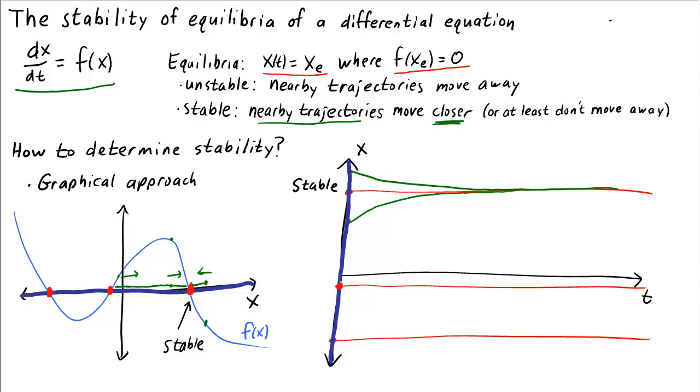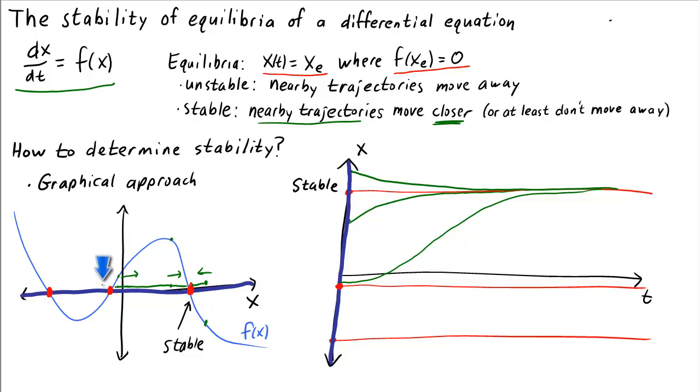If I plot that result on the figure at the right, if I start here close to the equilibrium, I'm going to move away. And in fact, in this case, I'll move to the upper equilibrium, but that doesn't matter as far as the stability for the middle equilibrium is concerned. Stability is just a local behavior, what happens when you're nearby an equilibrium.